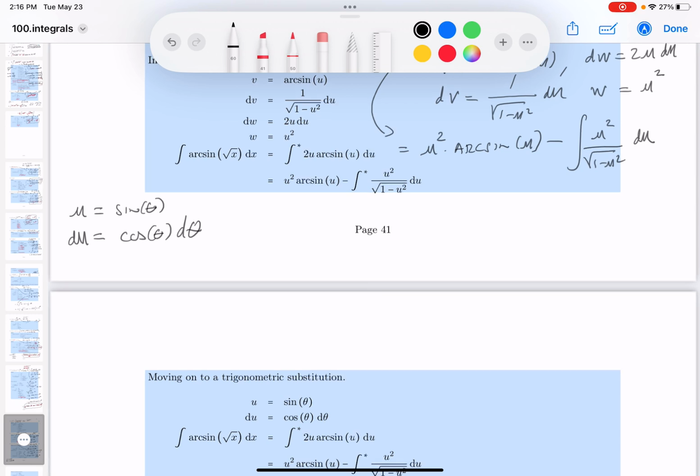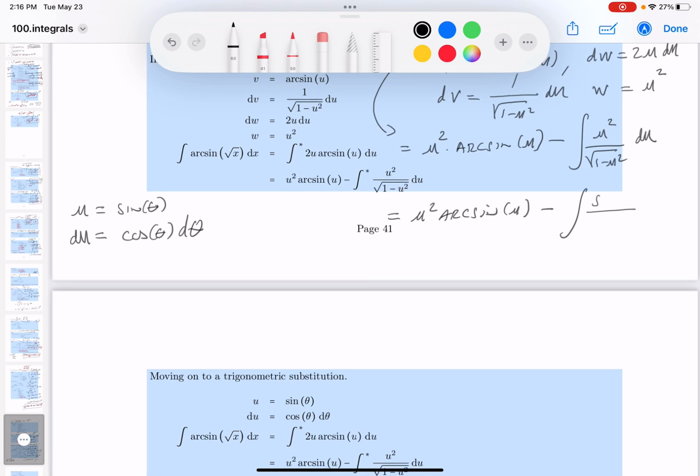All right, let's write this down. U squared arcsine of u minus, let's see, u squared is going to be sine squared. The du is cosine theta d theta.